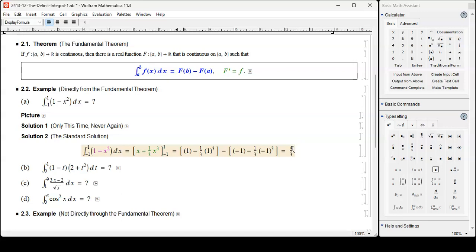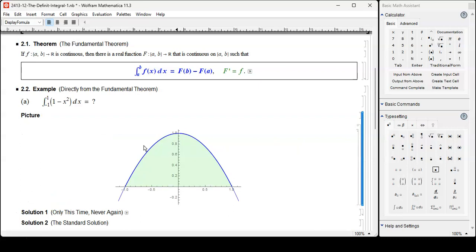Just following the antiderivative rule. And then apply the fundamental theorem. Plug in 1 and plug in -1, subtract one from the other. And that's just a computation. We ended up with 4/3 precisely, and that's the area here, 4/3.